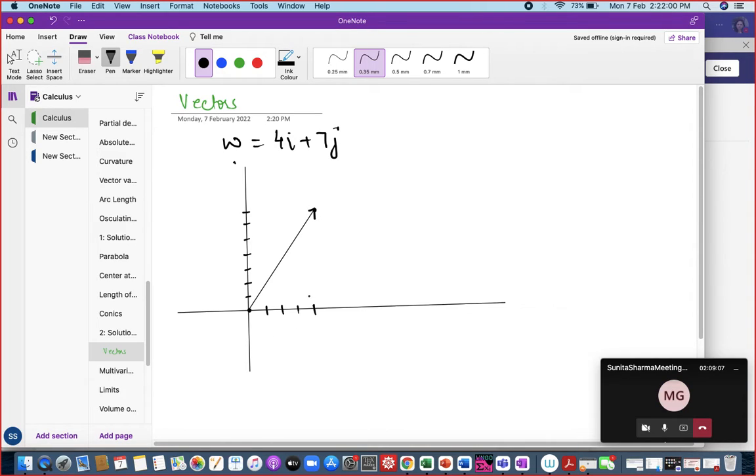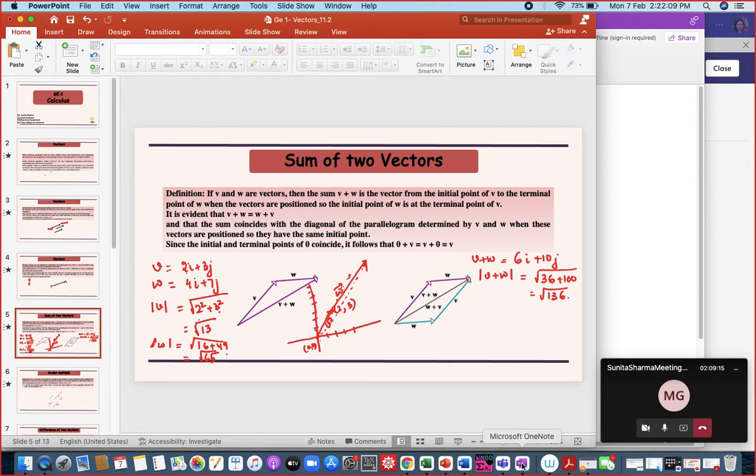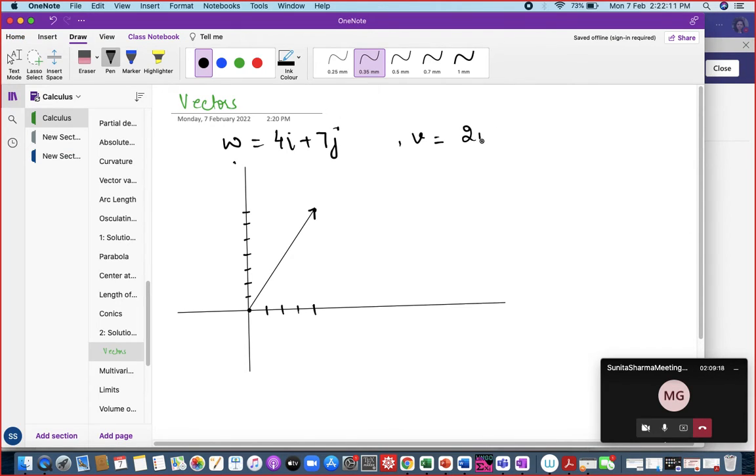Now when you have to show both v and w in the same graph, v is 2i plus 3j. So we will have the starting point at origin and the end point at 2,3.